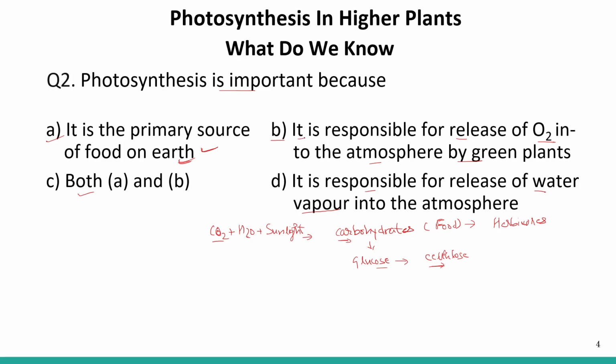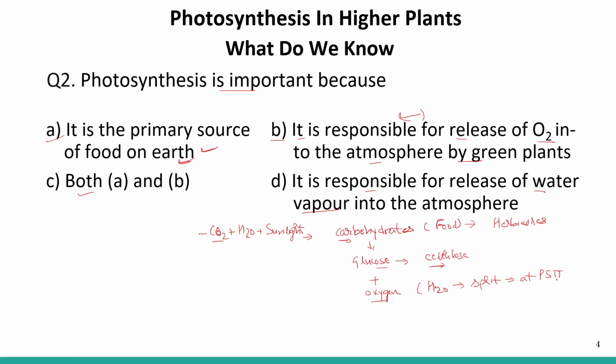Now, coming to the point that it is responsible for release of oxygen. Yes, this is also true. Oxygen is released during photosynthesis. Carbon dioxide is fixed, and along with carbohydrate, oxygen evolution also takes place by splitting of the water molecule. You should know that this happens at photosystem 2.